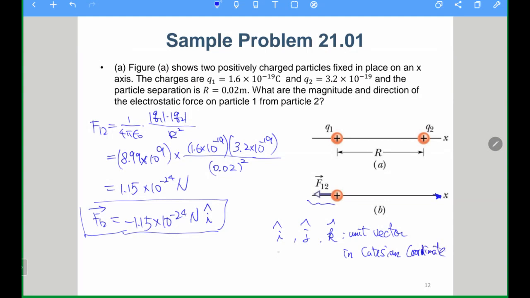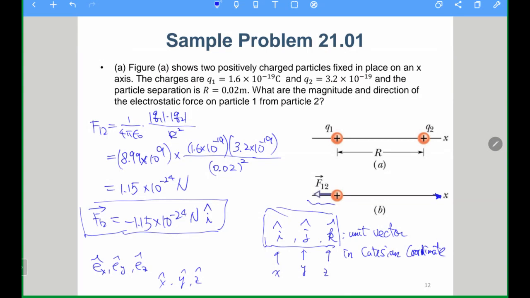So these are in the x-axis, y-axis, and z-axis. Some textbooks may write them as x hat, y hat, or z hat, or maybe some others will write them as e_r, e_x, e_y, e_z, and so on. But generally I will use the notation i hat, j hat, k hat for the x, y, z axes.